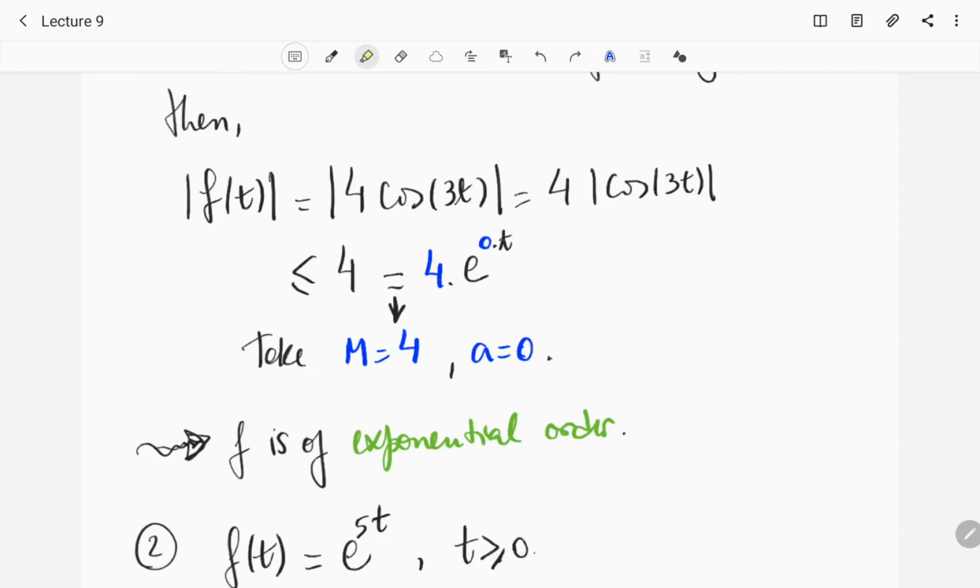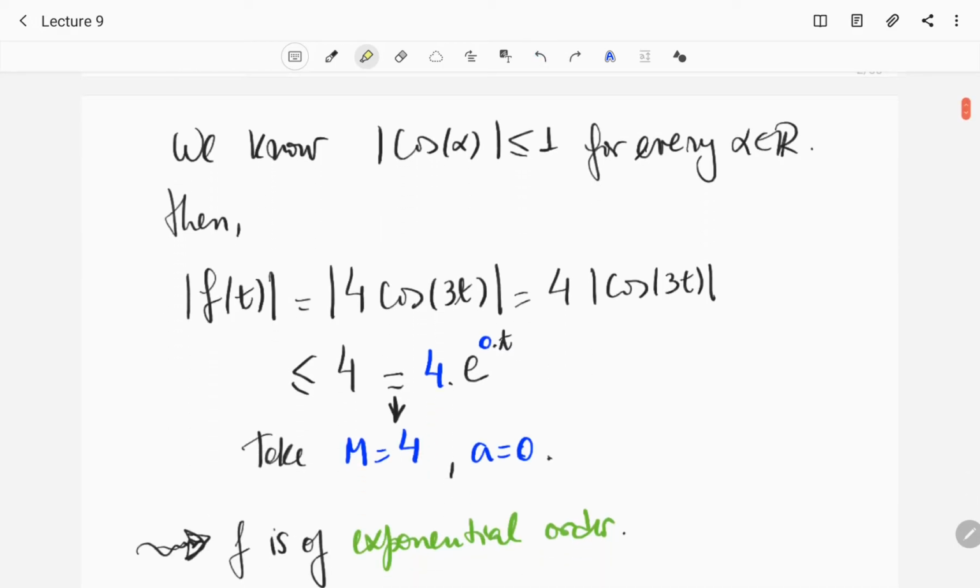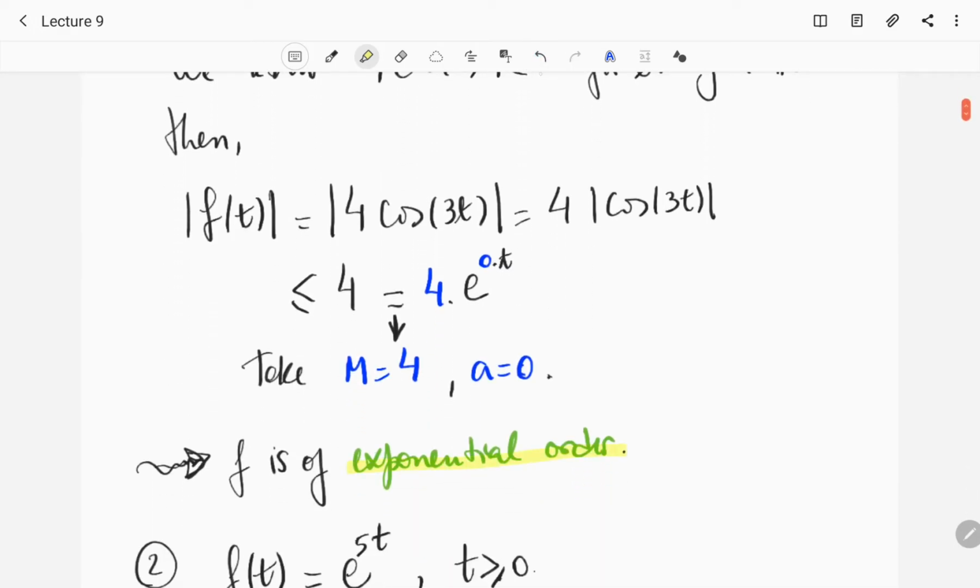So this function, that maybe in principle doesn't seem to be related to an exponential function, is anyway of exponential order, because the definition of a function of exponential order is just that the absolute value can be estimated from above with an exponential function with these type of numbers m and a, positive numbers, or 0 is also allowed.